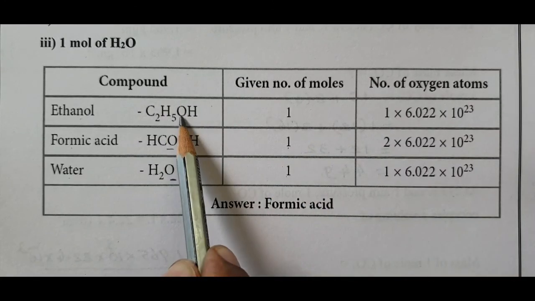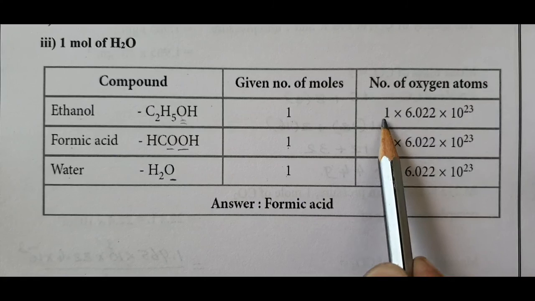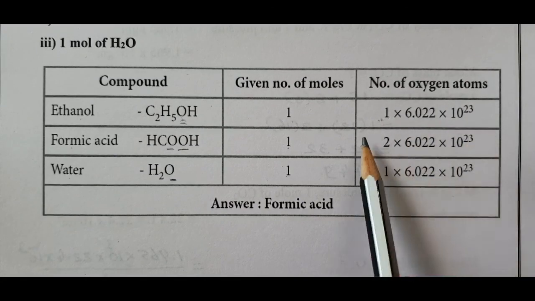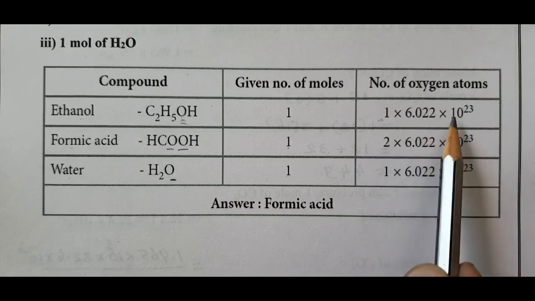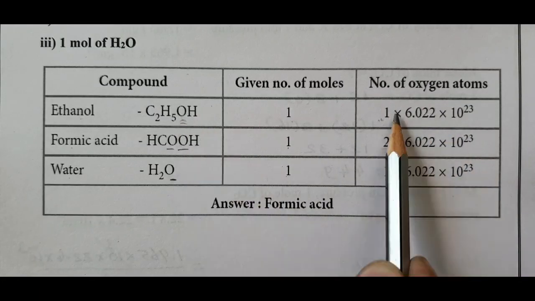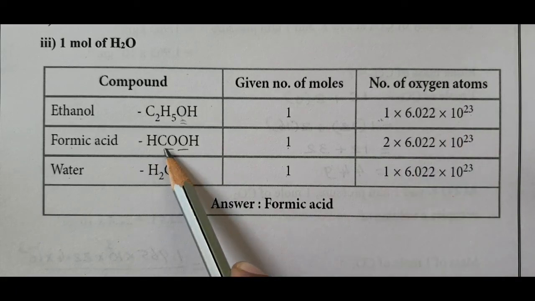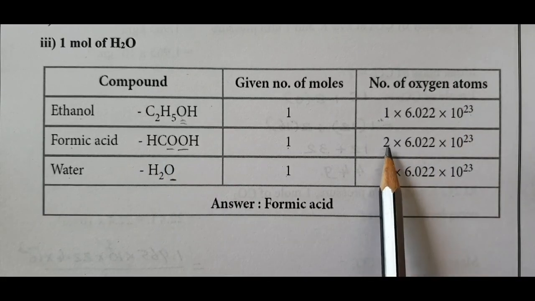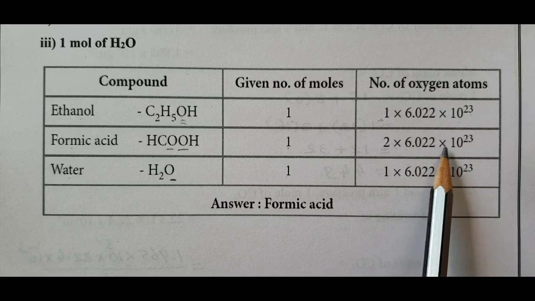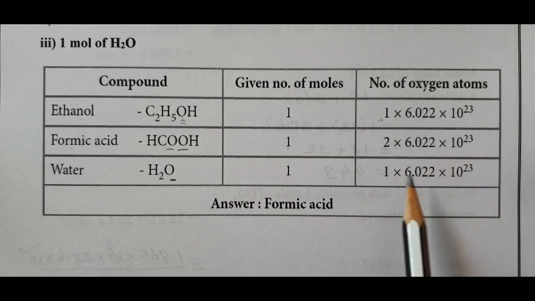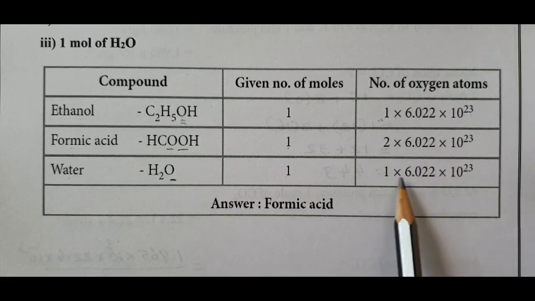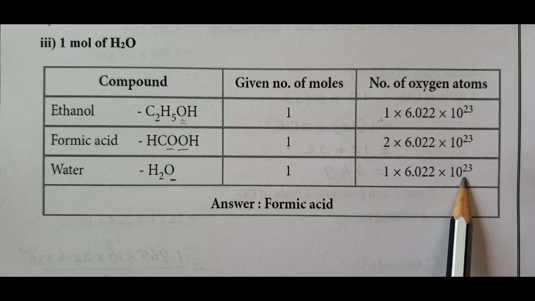Now ethyl alcohol or ethanol containing 1 oxygen atom, this is number of oxygen atom into Avogadro number. So number of oxygen atom present in ethanol is 1 into 6.022 into 10 power 23. Formic acid, there are 2 oxygen atoms, therefore 2 into 6.022 into 10 power 23 Avogadro number. And water molecule containing only 1 oxygen atom, therefore 1 into 6.022 into 10 power 23.